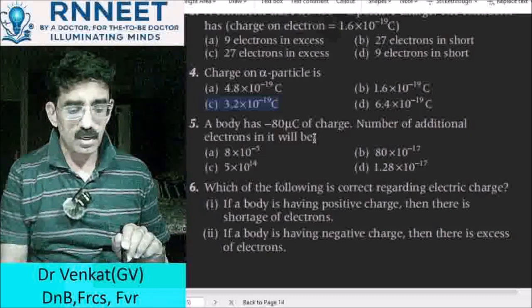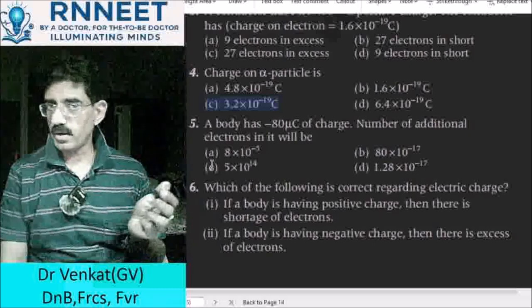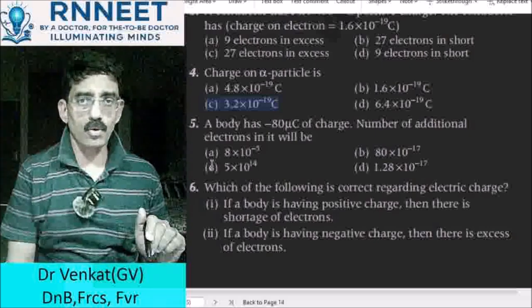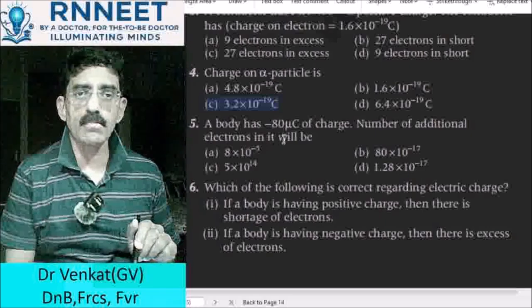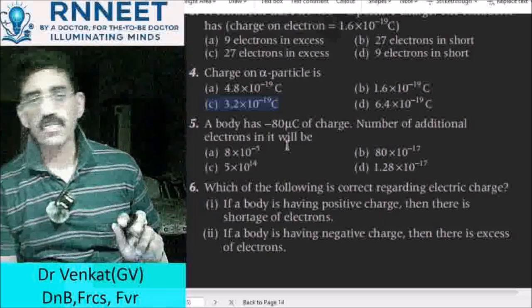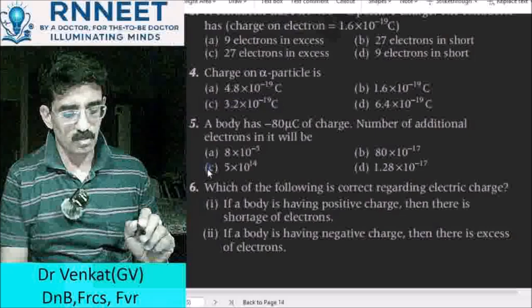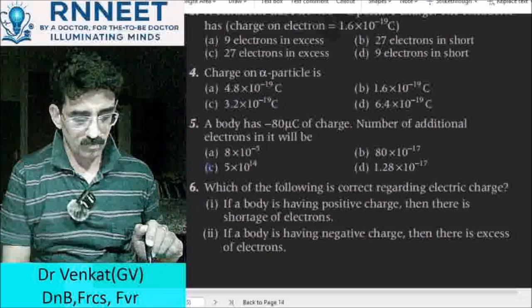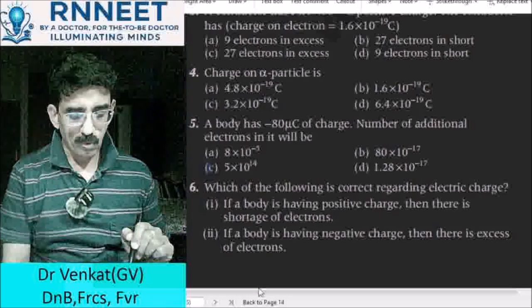Do that, and you're going to get the answer as 5 into 10 to the power 14. So that's how you identify the number of electrons in a charge of minus 80 microcoulomb. Okay.